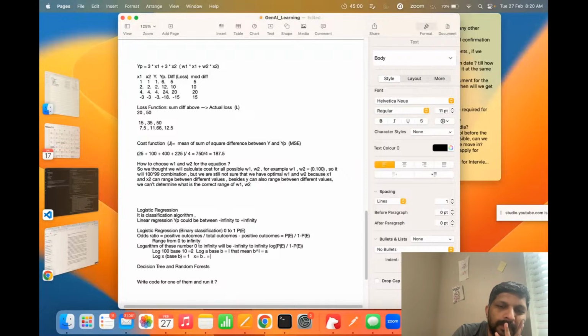When is it equal to 0? Not possible, because b to the power of anything can't make it 0. Okay, so that's not possible. When does it become infinity? When x is infinity. I think we should take this down.